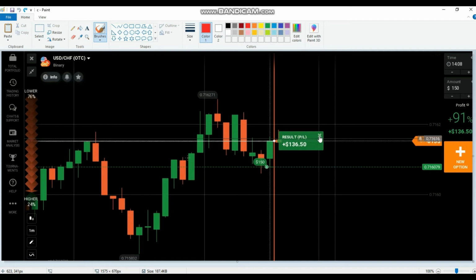Now I'm going to tell you the reason for this trade. That's why I placed a call option in this candle. Here we can see on the left side the market is respecting a level, right? Another reason is that from this point we can see the market following green red, again green red. So we can expect a green candle here.